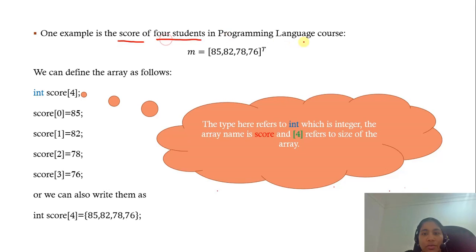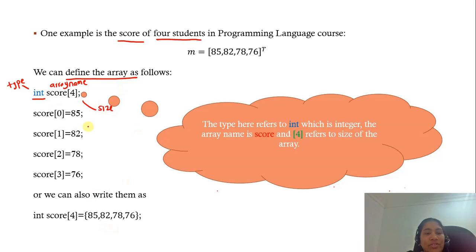Another example here is the scores of 4 students in a programming language course. So these are the scores for 4 students. You have this set of data. So how to define the array? I have integer, this is the type, and then I have score as the array name, and this is my size.